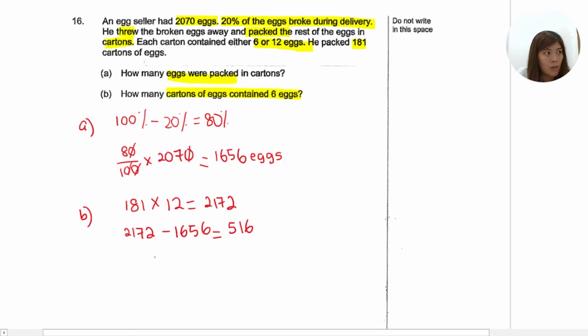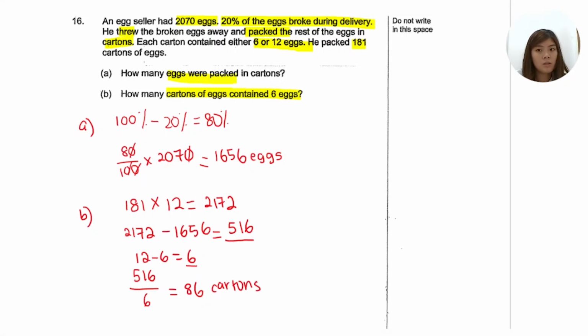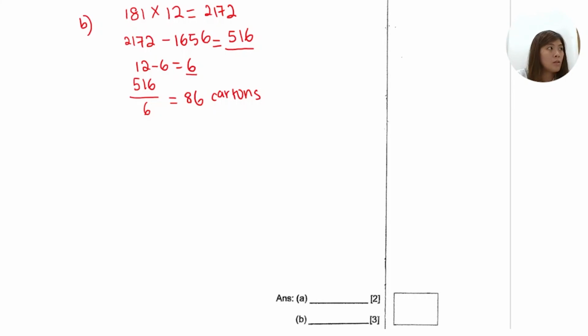Okay, so same thing, difference between 6 or 12 eggs, right? would be 12 minus 6, 6 eggs. So how many cartons of eggs contain 6 eggs? You take the difference here, divided by this difference, and you get 86 cartons. Okay, then here would be 1656, here would be 86.